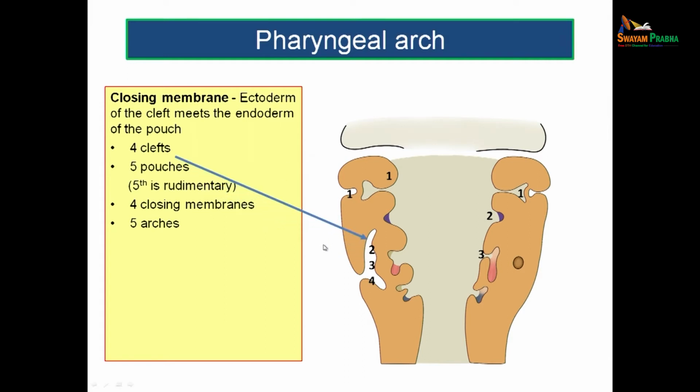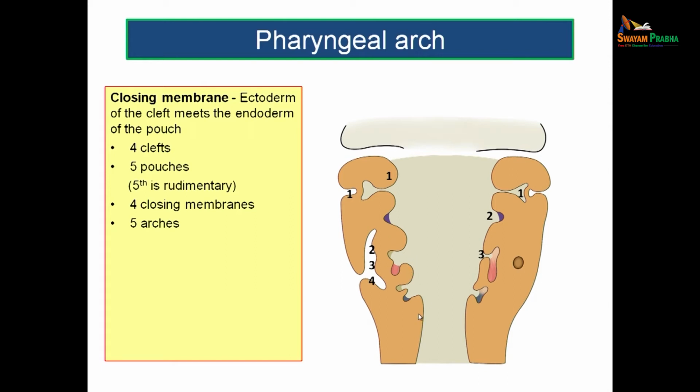So this is what constitutes the formation of the branchial apparatus. 4 clefts, 5 pouches, 4 closing membranes and 5 arches. So this is a pouch, this is the closing membrane and you have the arches. So you can count the arches: the first arch, the second arch, third arch, fourth arch and 5th arch.